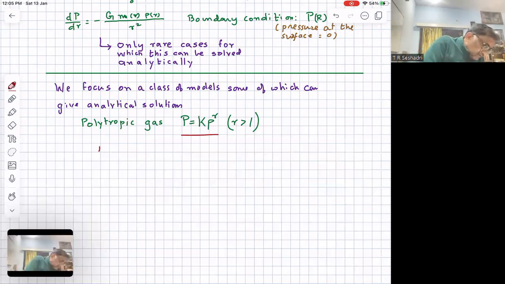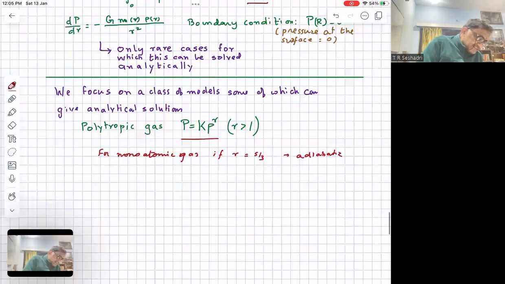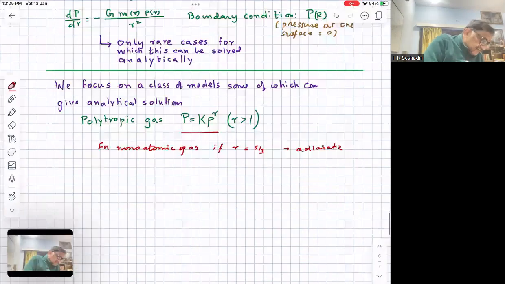For a monoatomic gas, if gamma is equal to 5/3, it is adiabatic. Now, on the other hand, suppose I have an ideal gas.